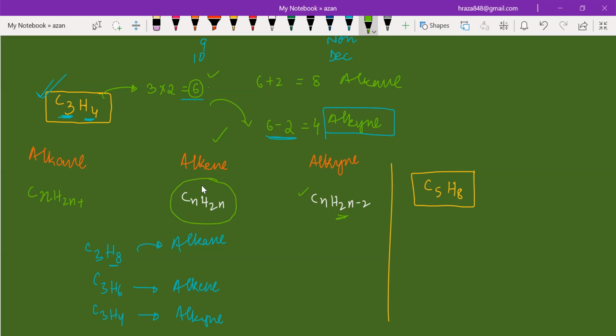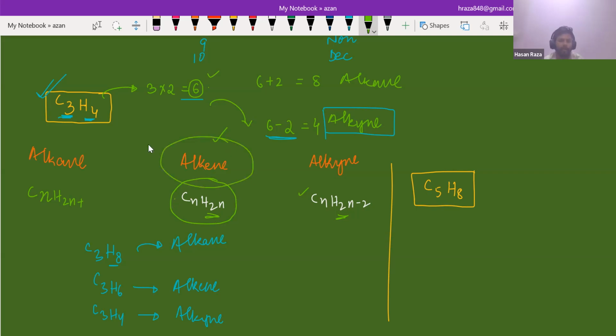What should be the number of hydrogen with respect to carbon in alkene? Can you tell me? This is CnH2n. Just try to read it. Whatever is the number of carbon, the number of hydrogen will be double the number of carbon. Are you getting my point?